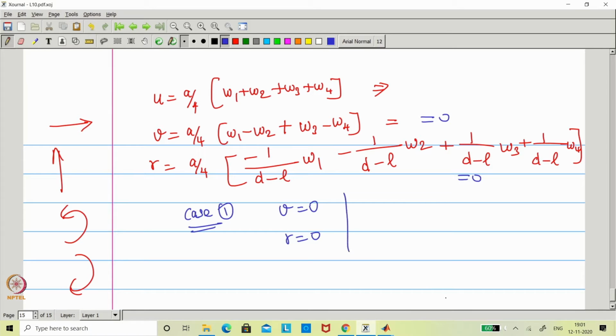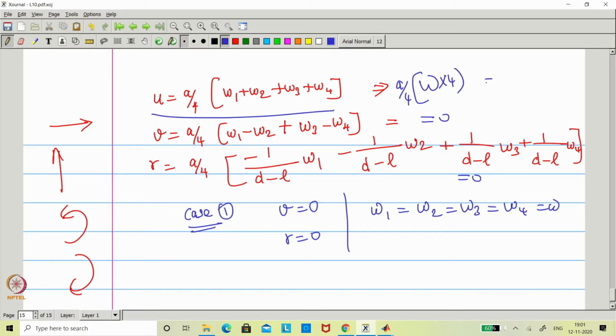Just for understanding, I am taking all of omega 1 to omega 4 as the same omega. Then u would be positive, a by 4 into 4 omega, so obviously a omega.